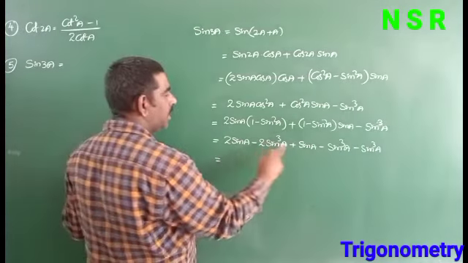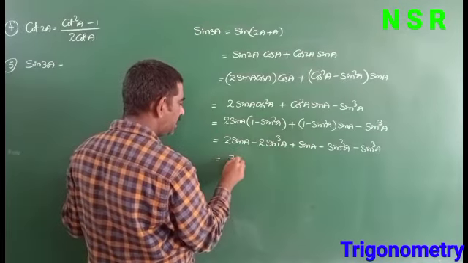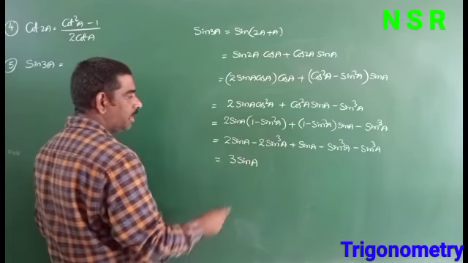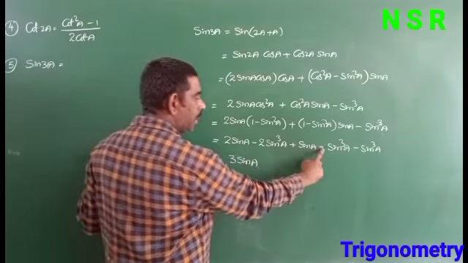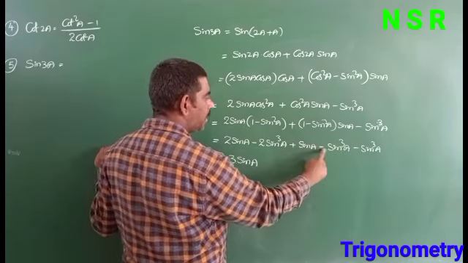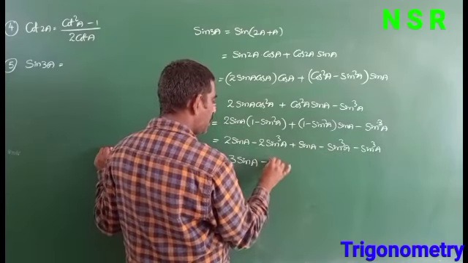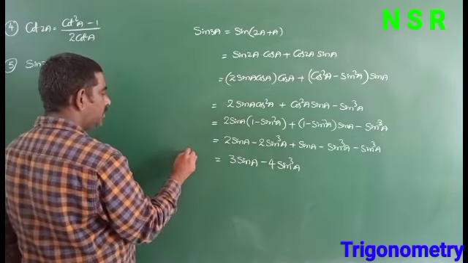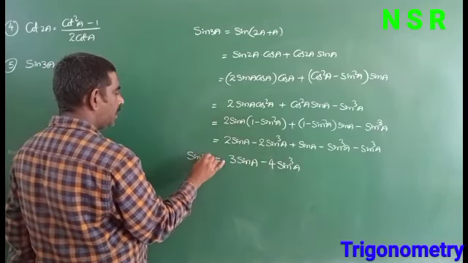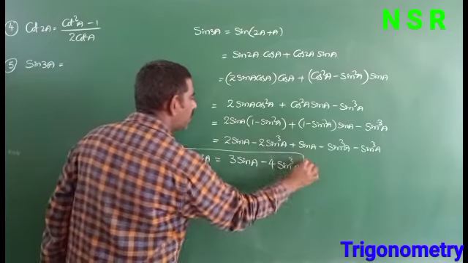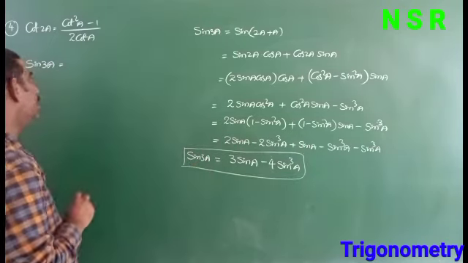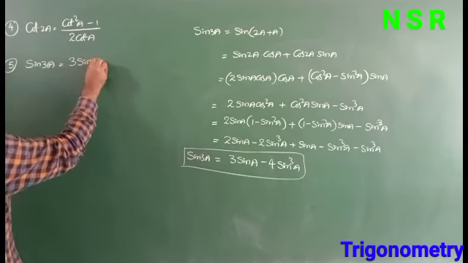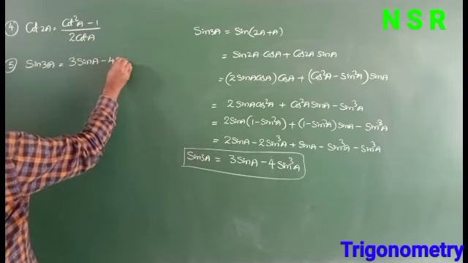So 2 sin a plus sin a is 3 sin a. Next, sin cube a terms: minus 2 sin cube a minus sin cube a, that is minus 4 sin cube a. So this is the formula of sin 3a. The sin 3a formula is 3 sin a minus 4 sin cube a.